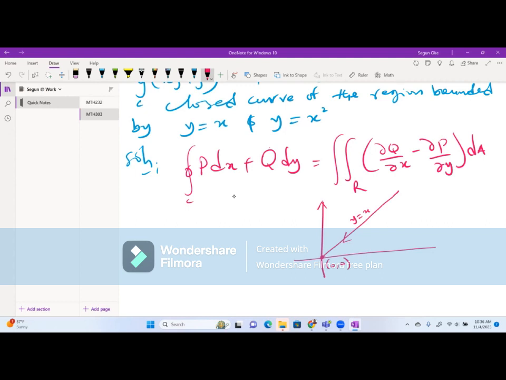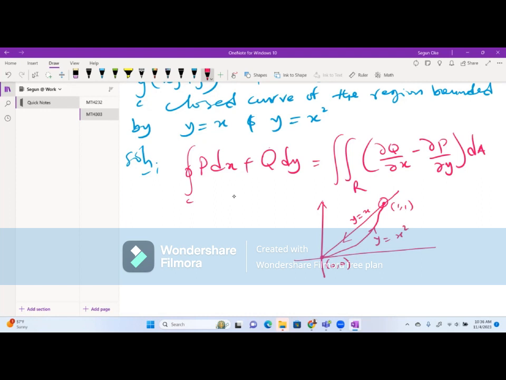Then we have another curve, x squared, which joins this. Here we can call this point 1, 1. But this curve is y equals x squared.